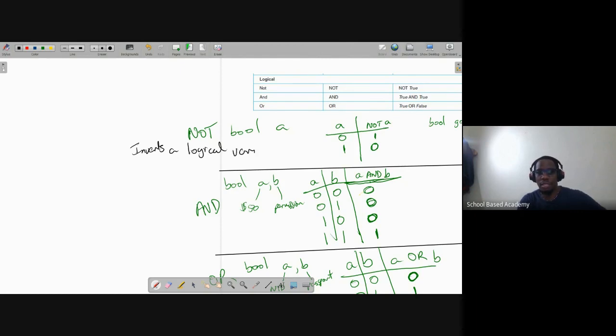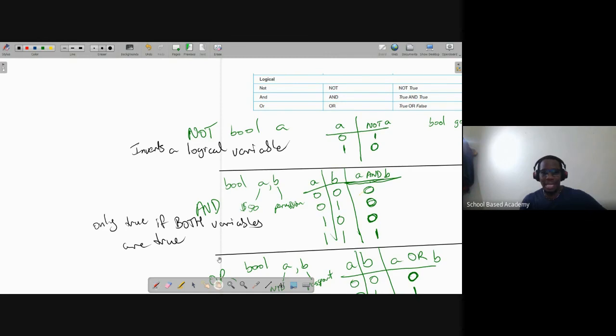The AND operator joins two variables, and it is only true if both variables are true. That's like the $50 with the permission. That's what I said to you. You can't just bring one, you have to come with both.